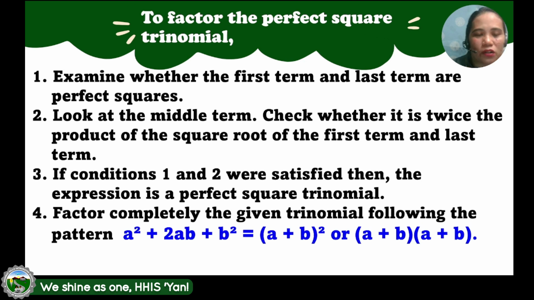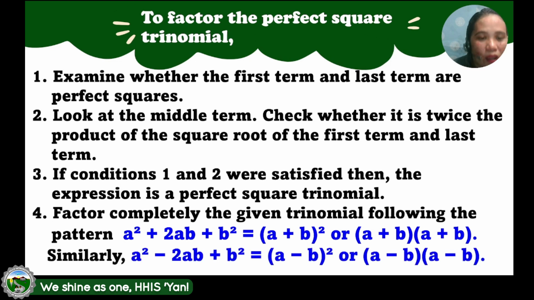Following the pattern, a squared plus 2ab plus b squared is equal to the square of a plus b, or the quantity a plus b times the quantity a plus b.